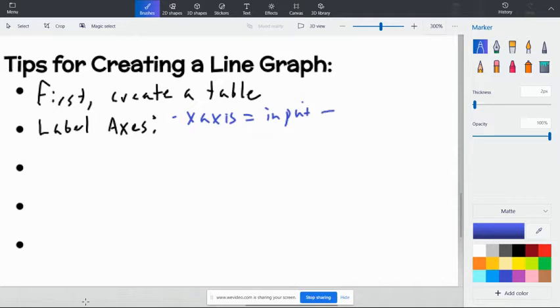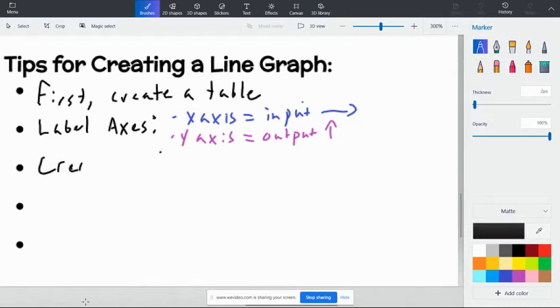That's going to run left to right. It's your horizontal axis. You're also going to have a y-axis, which is your output that runs up and down. X-axis, remember, always goes left to right. Y-axis always goes up and down.